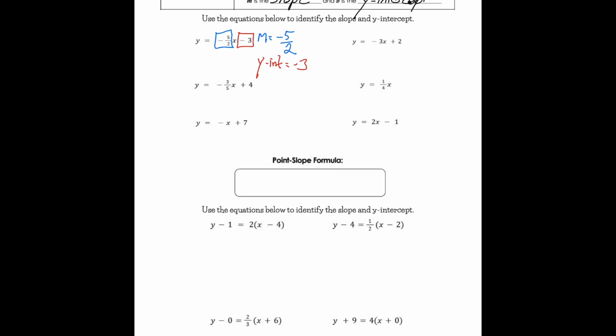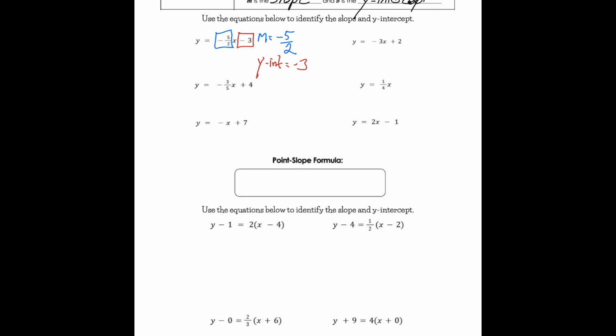And that's all we're doing for these example problems. We are going through and identifying our slope, the number that's in front of our x, and our y-intercept, the number that comes at the end of the equation. There are maybe 2 questions on here that are designed to make you pause and think, and we'll take a look at those as we go through them. So let's go through the rest of these.